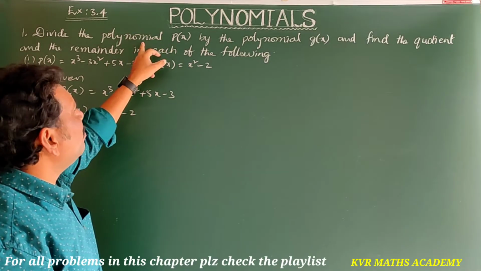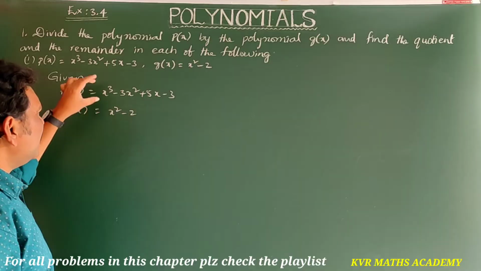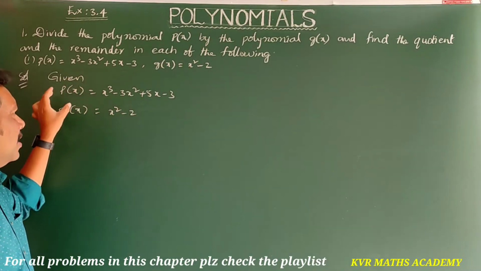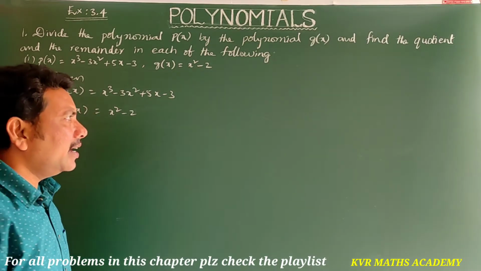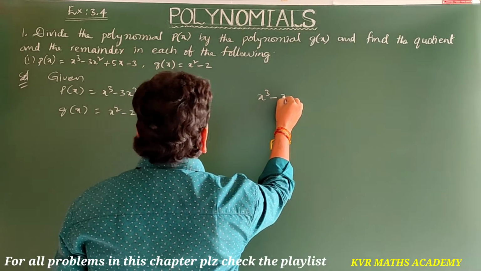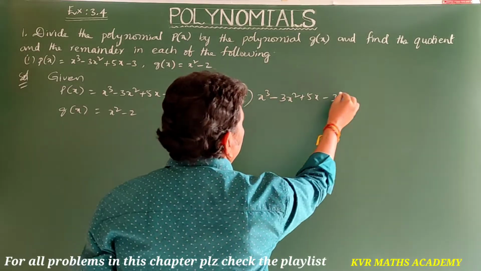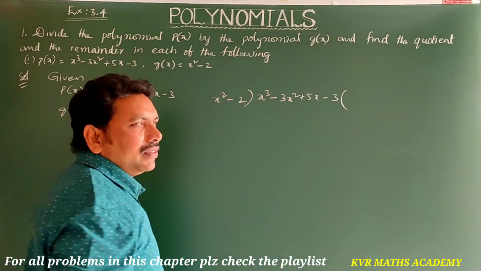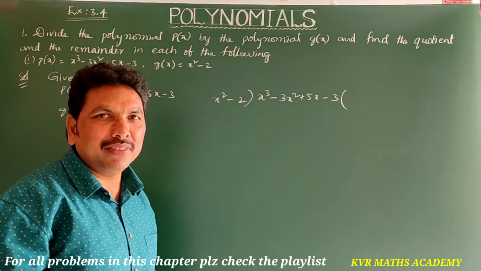Divide the polynomial p of x by the polynomial g of x, which means p of x is the dividend and g of x is the divisor. Now let us take x cube minus 3x square plus 5x minus 3 as the dividend. The divisor is x square minus 2. So how can you divide these polynomials?